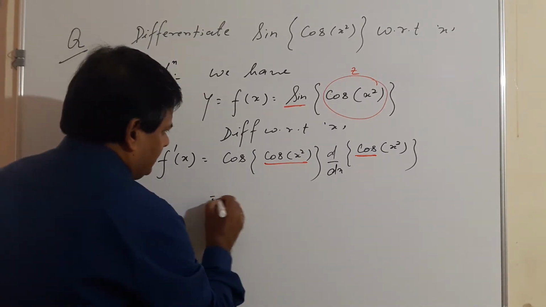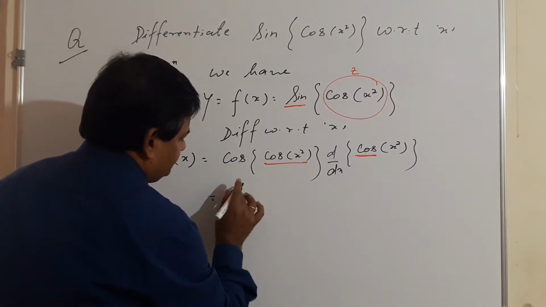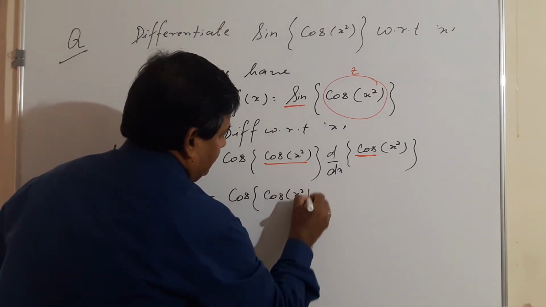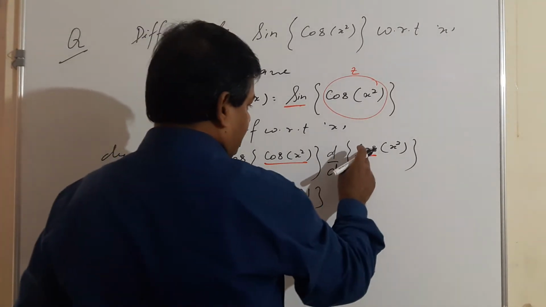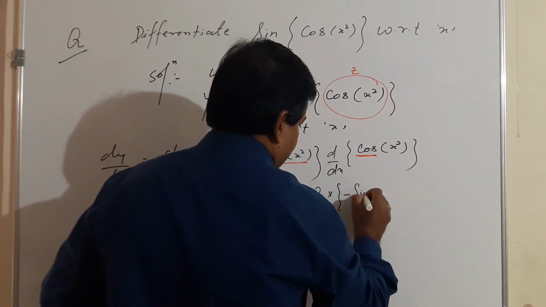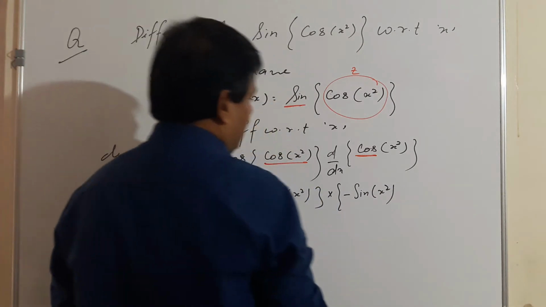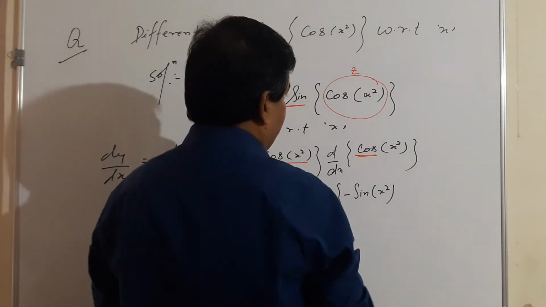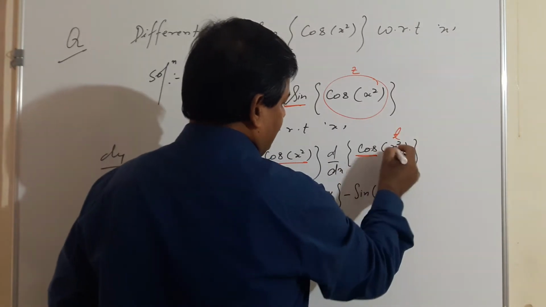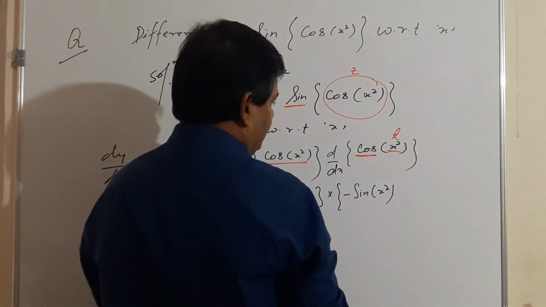So here it becomes cos, x² inside, then minus sin x². Suppose this one is u or t. So this one is t, and now differentiate the part of t.